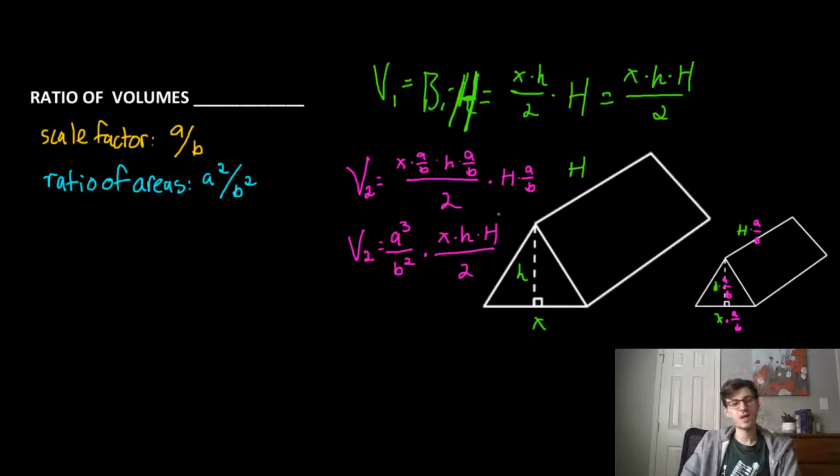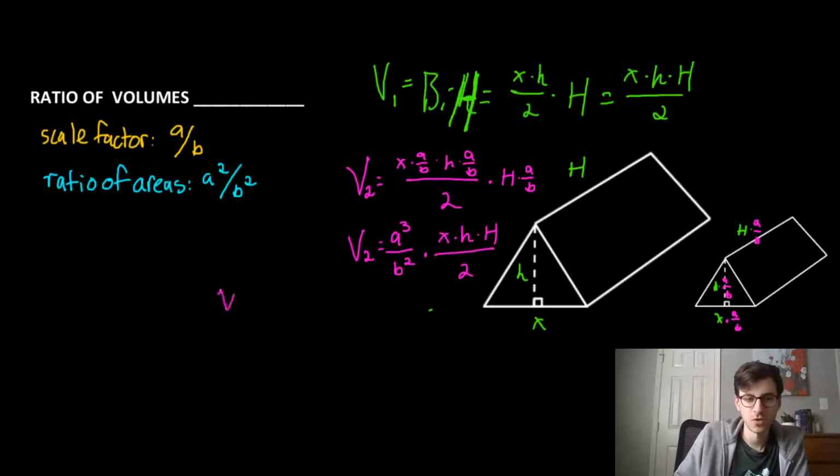And so just like in the last problem, if I'm taking the scale factor, volume 2 over volume 1, that's equal to all of this, a cubed over, sorry, that should be b cubed, times all of this, x times h times big H over 2, over x times h times big H over 2.